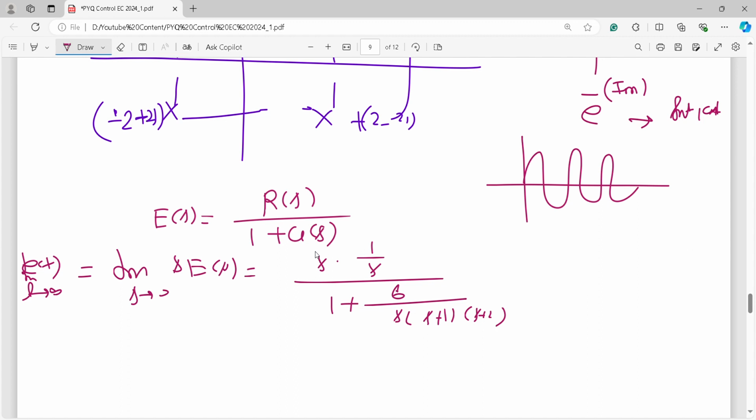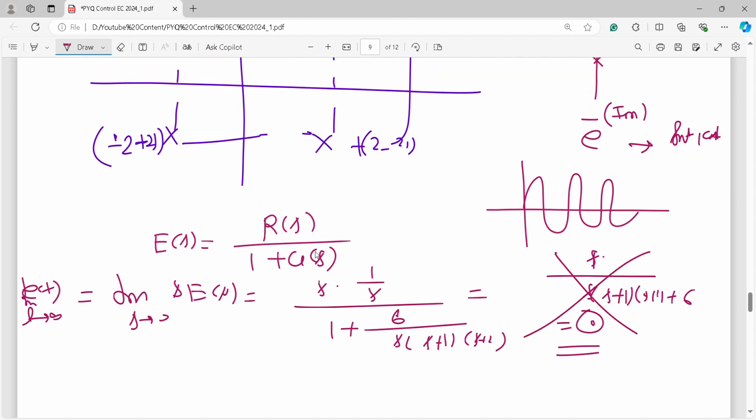The s cancels out. We need not apply the final value theorem because we know the system is unstable, oscillatory, so we cannot find the error signal. Simplifying, (s plus 1)(s plus 2) over (s plus 1)(s plus 2) plus 6, it will give the 0 answer, which is incorrect.